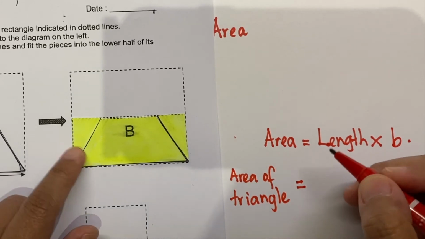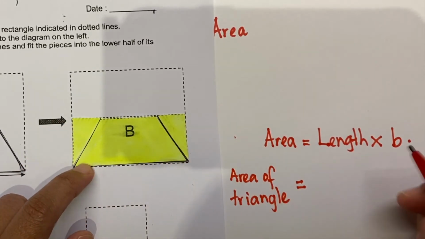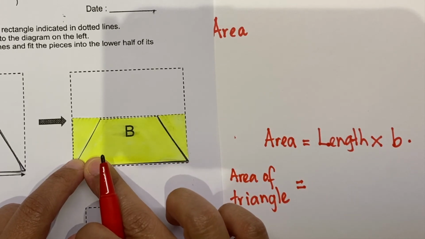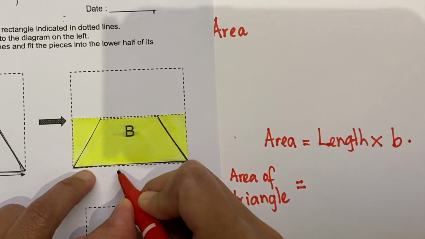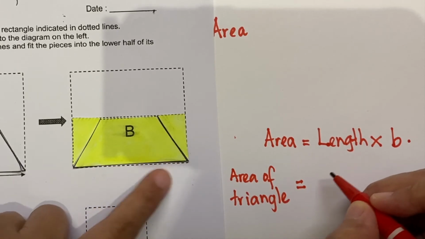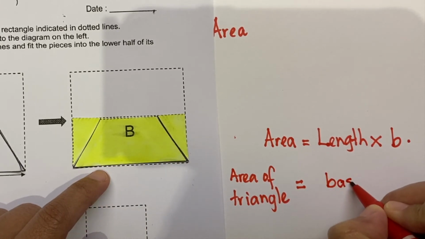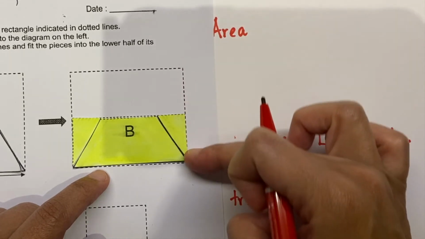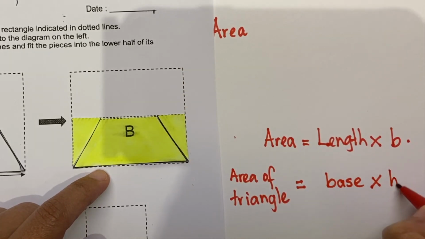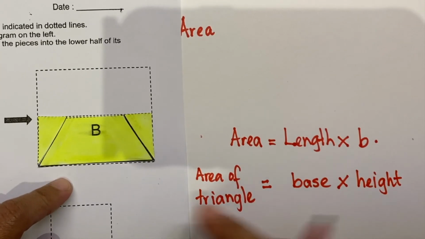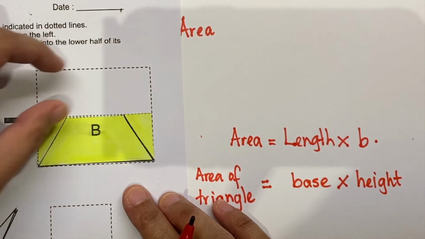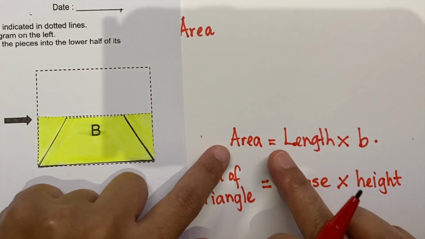is actually, if you follow the rectangle, but in this case we call it the base of the triangle. So the length is actually your base, and the breadth is actually your height. However, as we can see from our cutouts, it only occupies half of the rectangle.